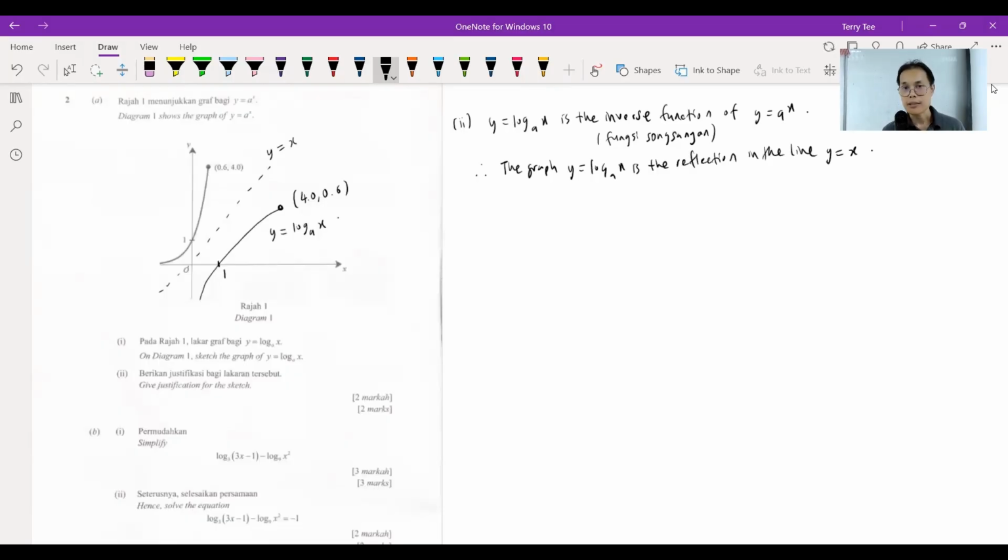So in bahasa, reflection is pantulan, ya, pantulan pada garis y equals x. All right, so this is the first part. I think it's okay, not difficult.